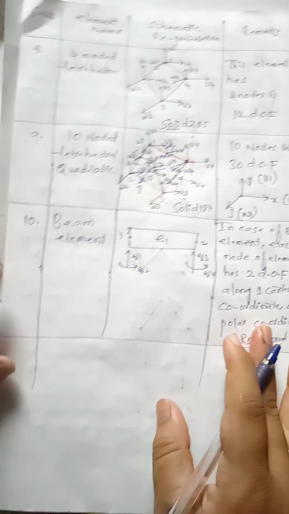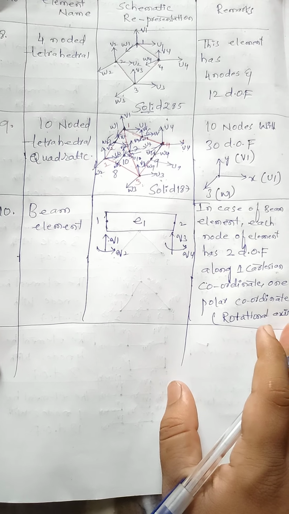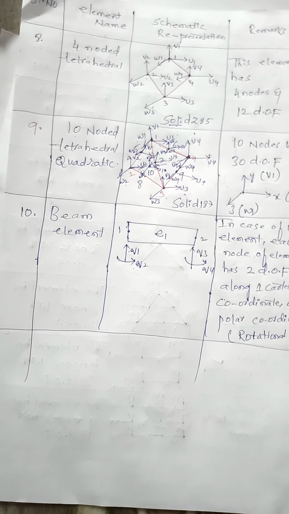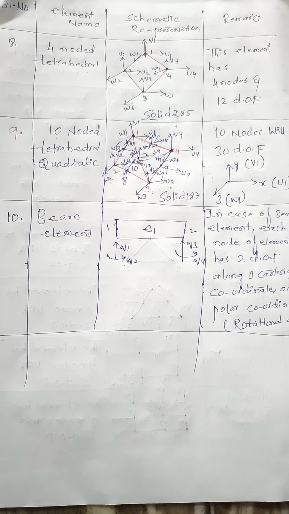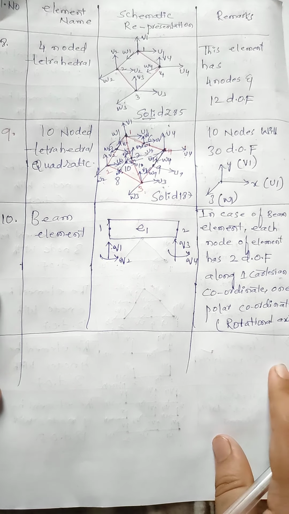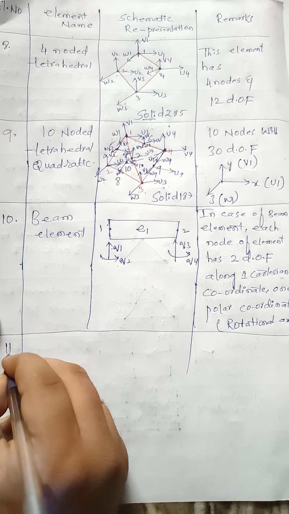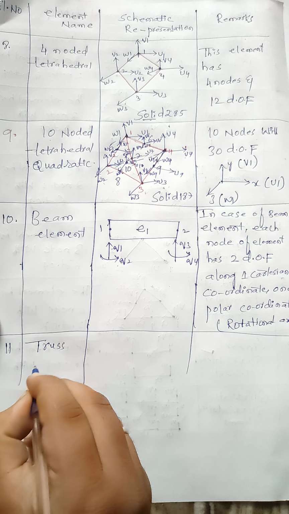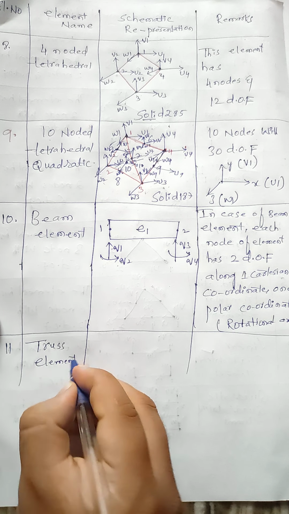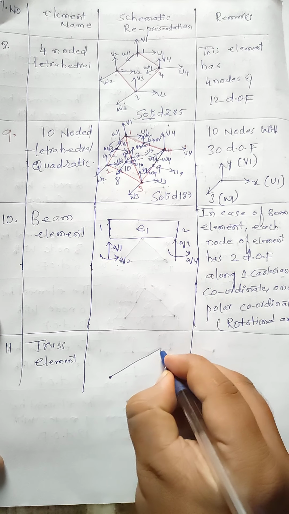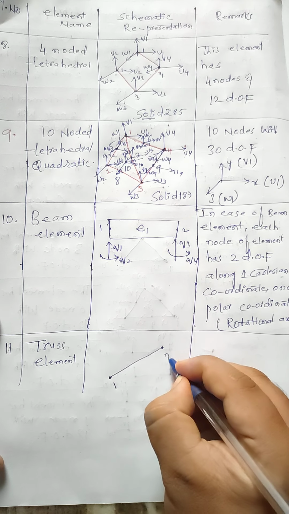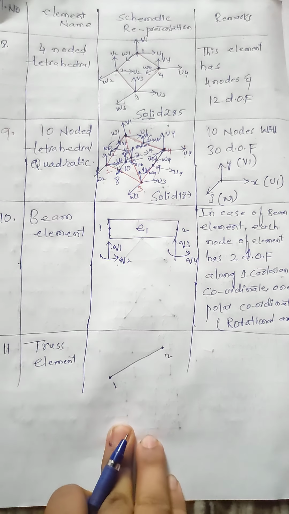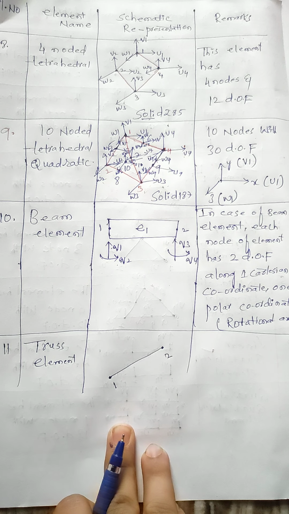Okay, next one. Serial number 11, another one we can say is truss element. This is the first node and this is the second node. So the truss element has 2 degrees of freedom along Cartesian coordinate.